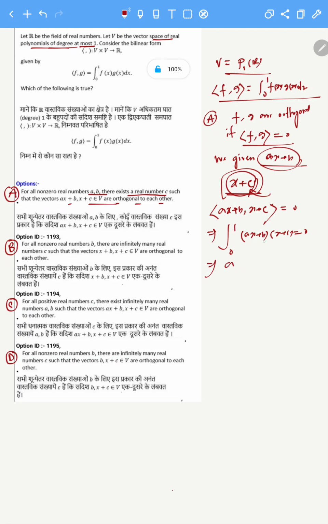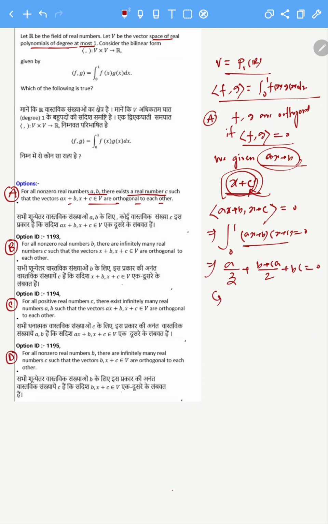Once we calculate and integrate, we have a by 3 plus (b plus ac) over 2 plus bc equal to 0.